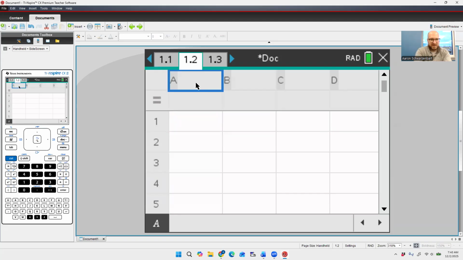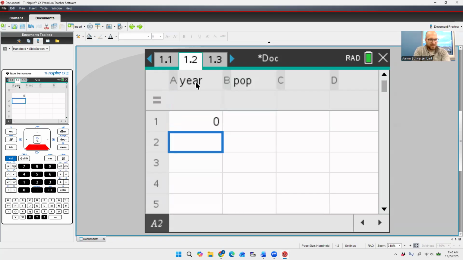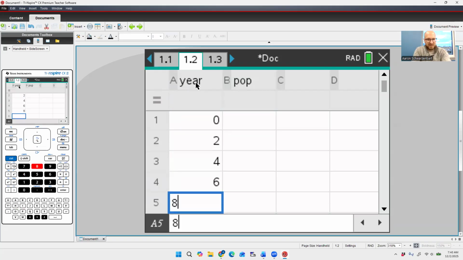Year: here's 0, 2, 4, 6, 8, 10, 12, 14, 16. I have to scroll sideways on this table. I'm looking at it on another screen. 18, 20, and 22.